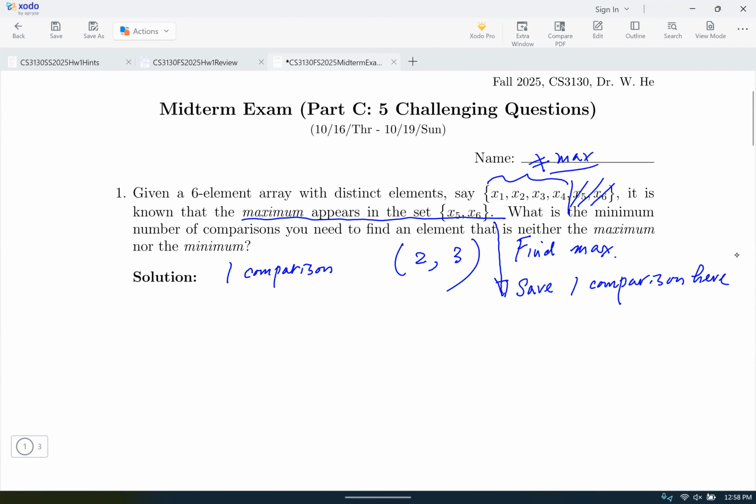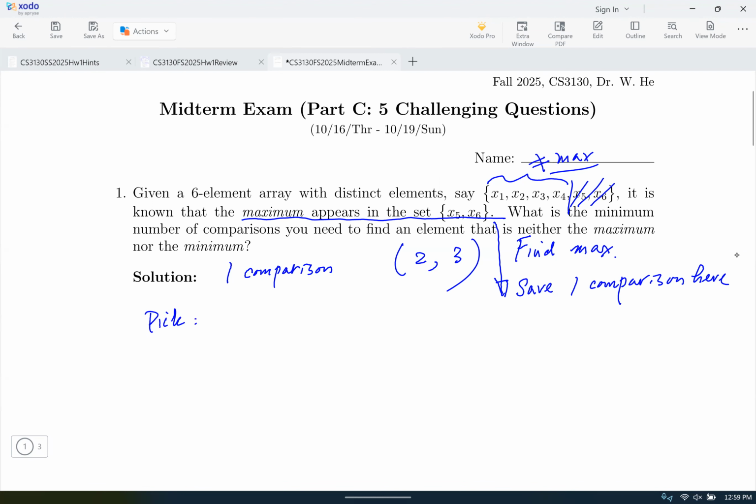You don't need to do a comparison between X5 and X6 to tell you that none of the elements in the first 4 could be max. If you pick anyone in the first 4, it's already not the max. So you just pick 2 from the first 4.